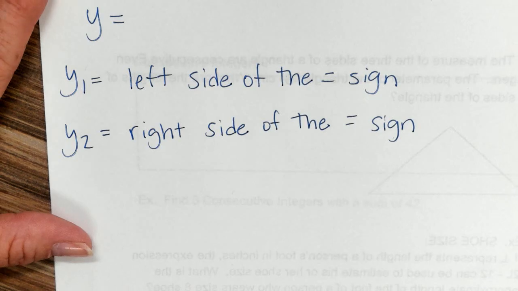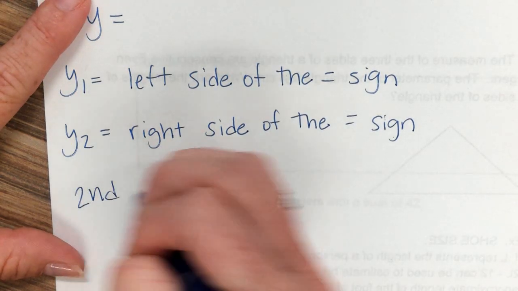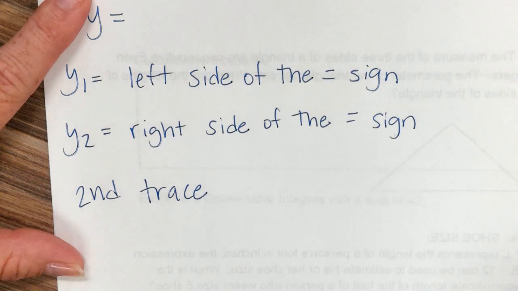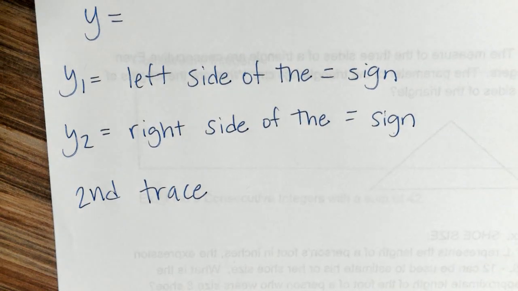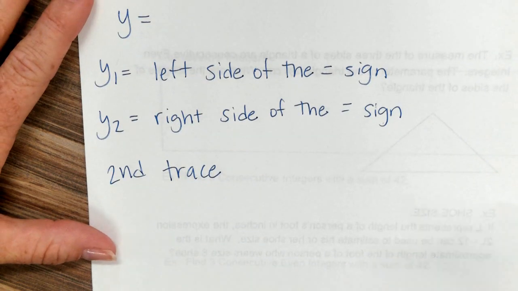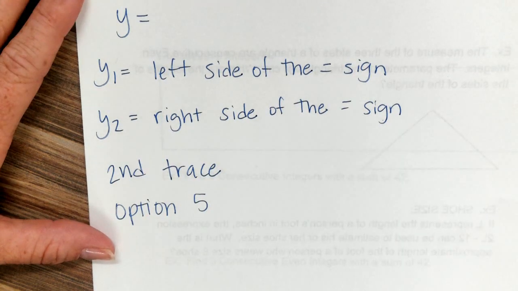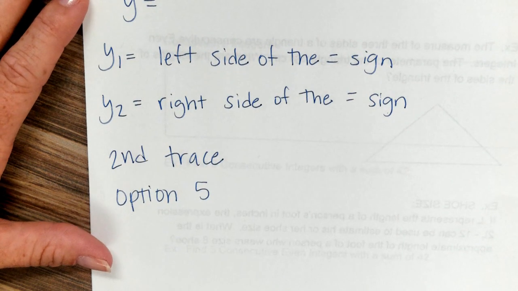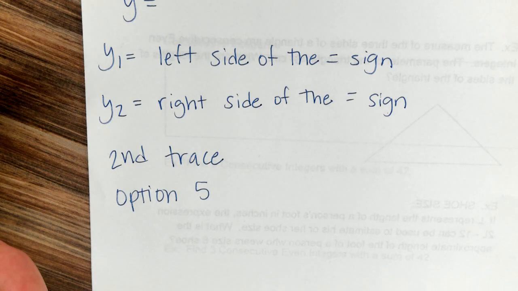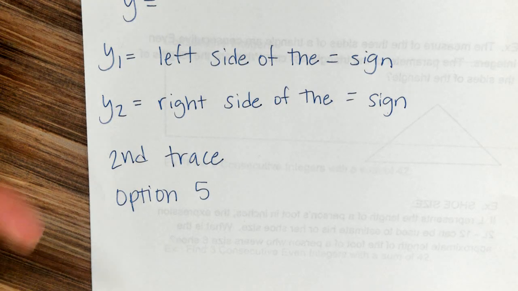You are then going to hit second trace. You're going to choose option 5, which is an intersection option. You're going to wait for it to graph. You're not going to touch your screen or you will freeze your calculator.